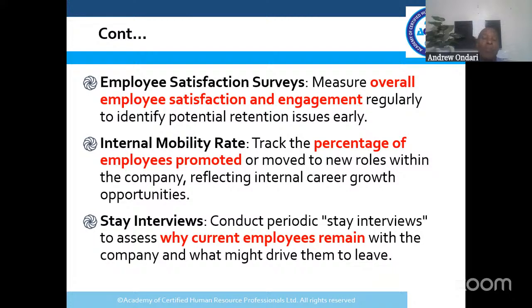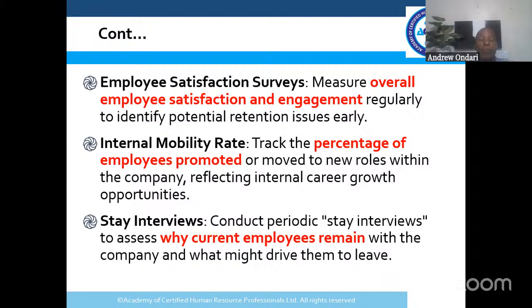Especially when people move within the organization, it is through promotion. And earlier on, we mentioned the aspect of promotion rate with respect to engagement. So internal mobility refers to the percentage of employees who are promoted. I'm not saying that everybody should be promoted as fast as possible.